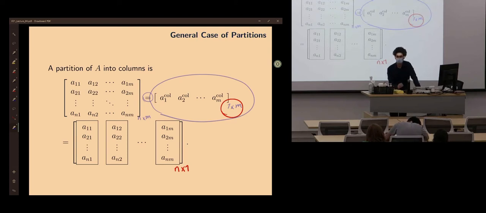It's not a vector really. It's a 1 by m array of n by 1 vectors. Because this is 1 by m, but each of these columns is n by 1, n by 1.